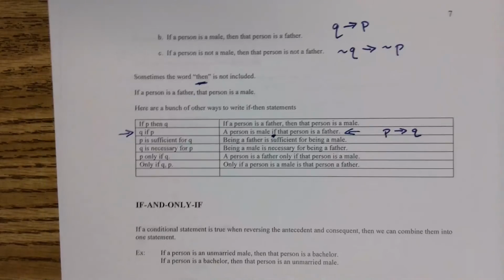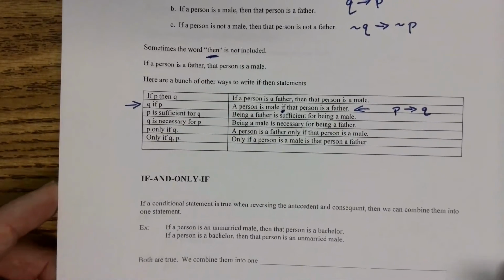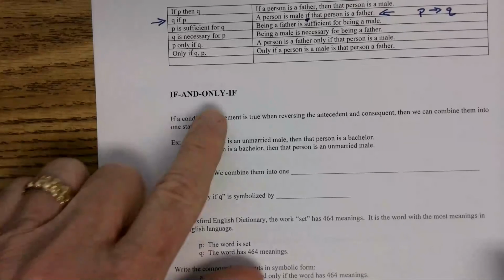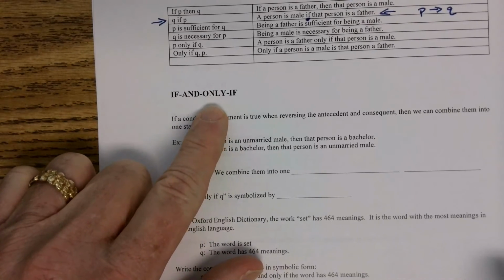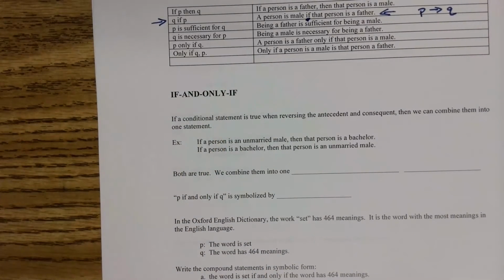So we got and, we got or, we got if then, and then we have if and only if. All right. And basically, if you take the antecedent and consequent and switch them, it's still a true statement. So if this is true, and you switch them in an if then, and it's still true, it's an if and only if.